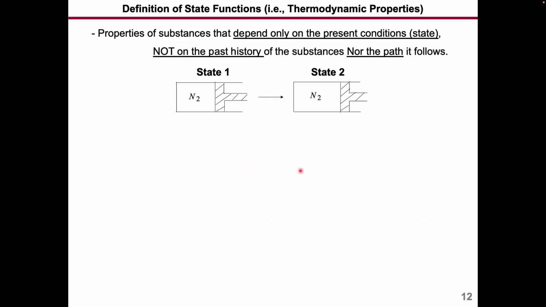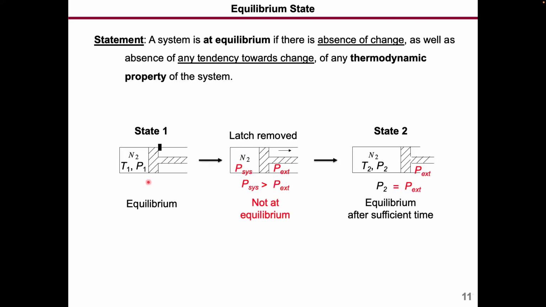Now, when we talk about equilibrium states, this is state 1, this is state 2, and associated with every single state you have different thermodynamic properties. For example, your P1 and T1 are the thermodynamic properties of your state 1.